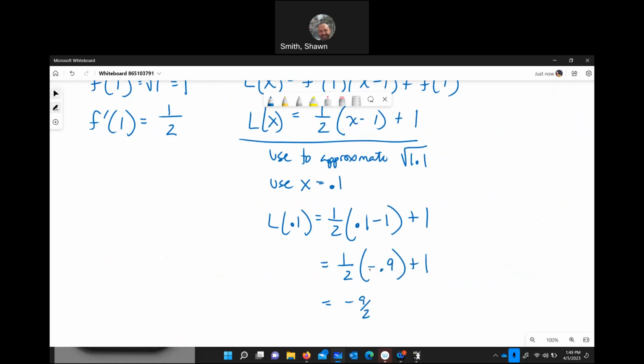It's negative 9 halves. Plus, this is not negative. What's wrong here? x minus 1. Where did I mess up? 1/2 x minus 1 plus 1.